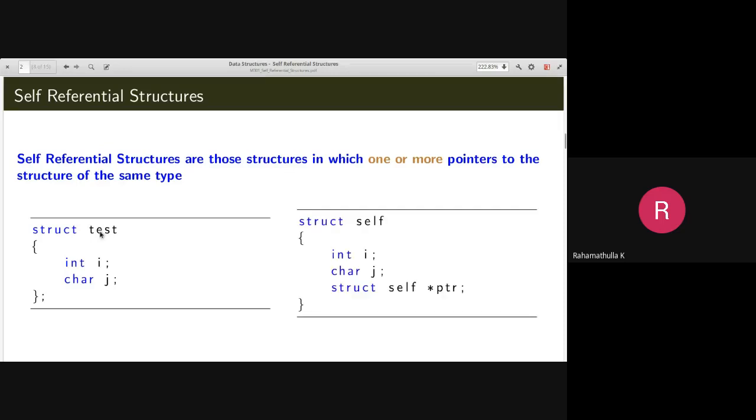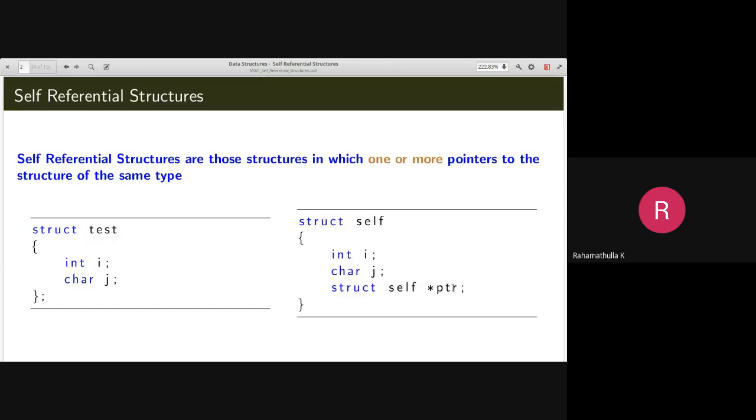For example, consider this structure, struct self. It has the same set of members i and j. i is an integer and j is a character. Then another entry in the structure is a pointer ptr, which is pointing to the same structure, struct self star ptr.